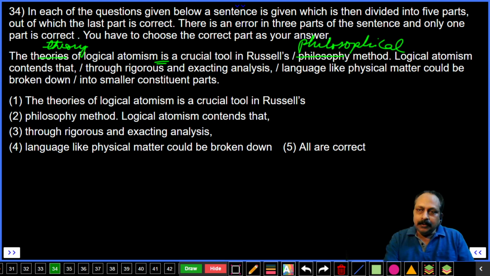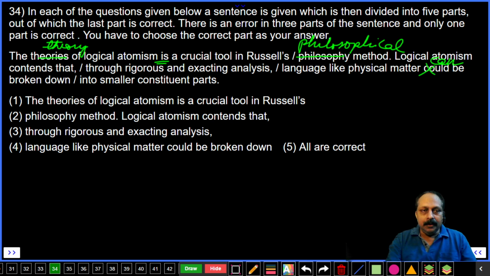Here, it is not could be, it should be can be broken down into smaller constituent parts. The theory of logical atomism, there's an error here, theory, because singular verb, and it is not philosophy method. Method, noun, it should be adjective form, philosophical method.